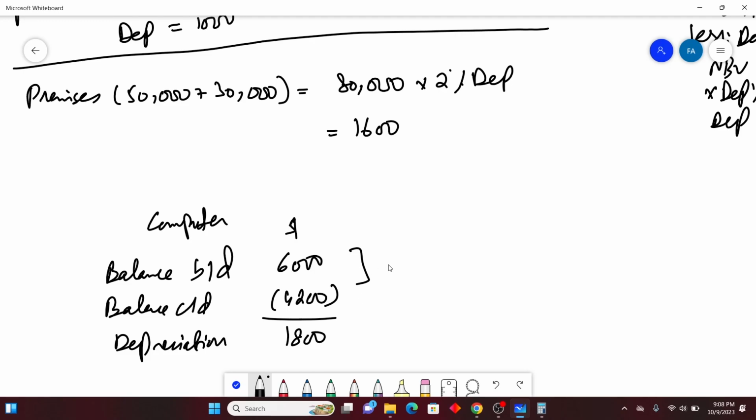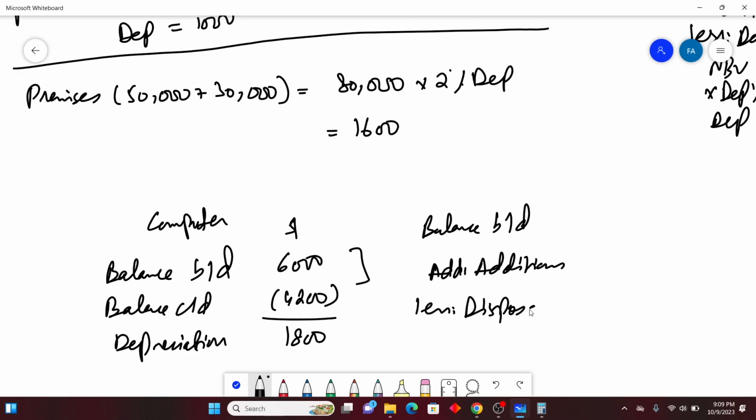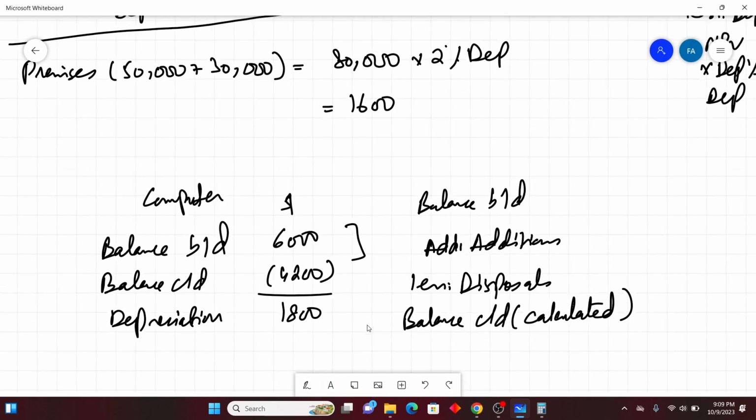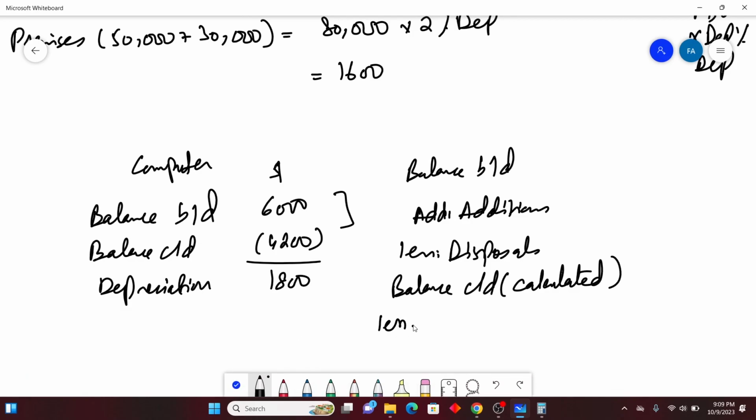Okay. Sir, how did you do this? If I go for the full-fledged format of revaluation: balance BD, add additions, less disposals, and balance CD, which is calculated. That is the balance CD which should be there according to you. This is deducted by the balance CD which is given in the question.